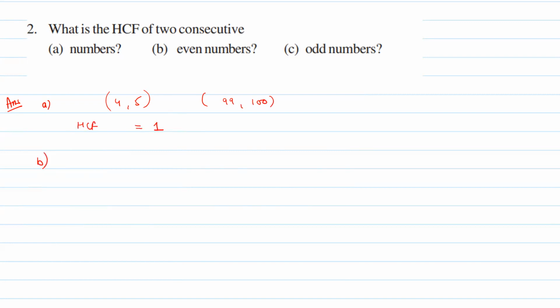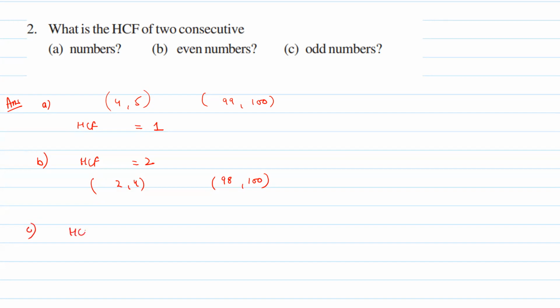B part, two consecutive even numbers. It will always be 2. Let's take for example 2 and 4. 2 is the HCF. Let's take any other, 98 and 100. What will be the HCF? 2 only.